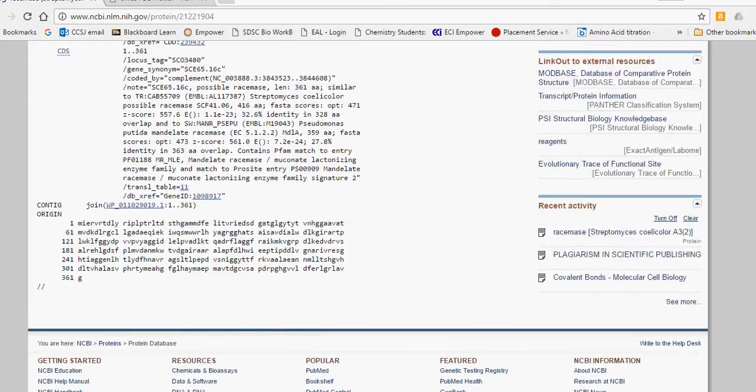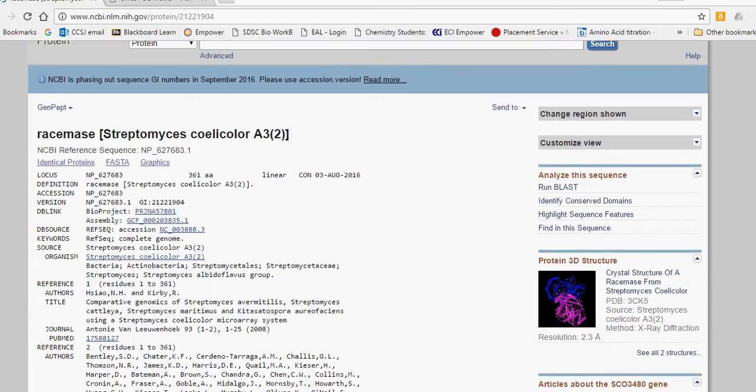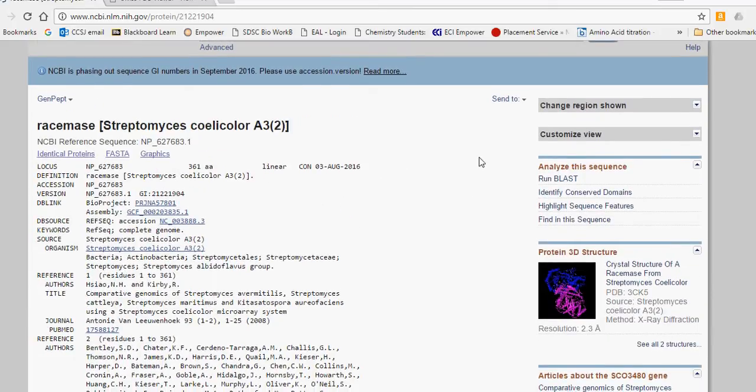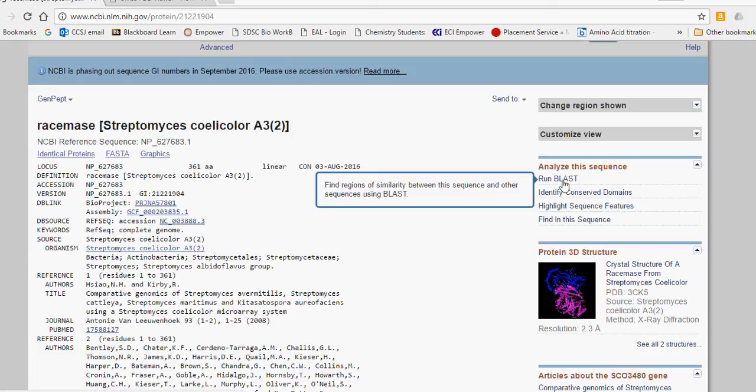So, in order to get to that similar structure, we can analyze the sequence by running BLAST. This will find regions of similarity between this sequence and other sequences, and maybe that will give us an idea of a function. If we don't know this function, racemase isn't a specific function.